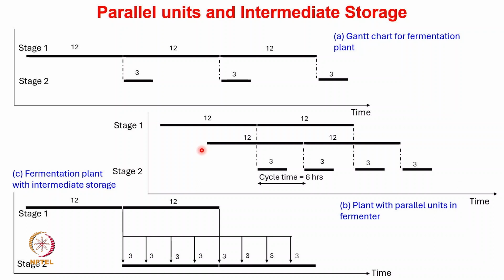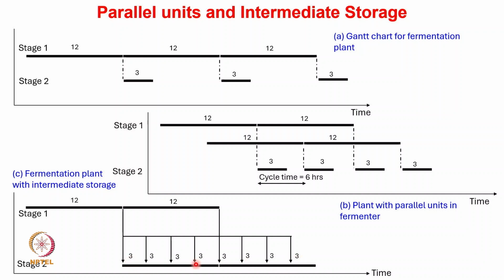Now in addition to that, let's take a third case where we are producing a larger batch size in stage 1, but then we are storing that material in an intermediate storage, and from that intermediate storage we are processing smaller size batches in stage 2.